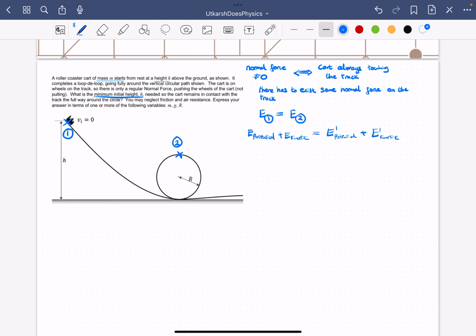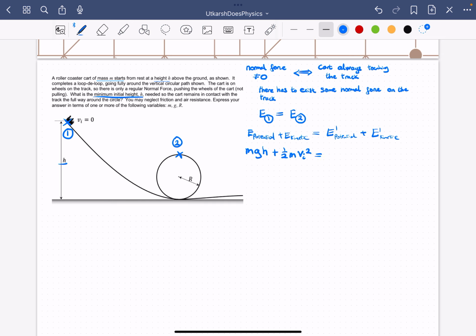So converting this into the formulas that we have for potential and kinetic energy, the E potential is m times g times h. They give us h. Then the kinetic energy is half m v_i squared.